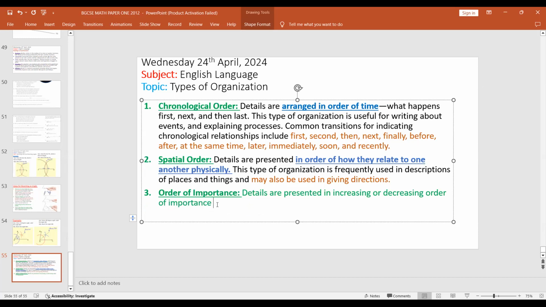This type of organization is especially effective in persuasive writing.